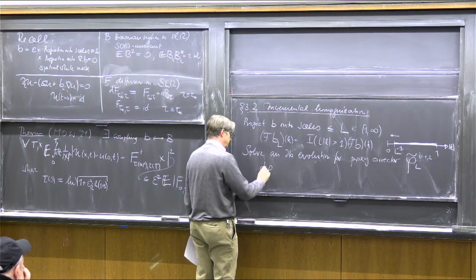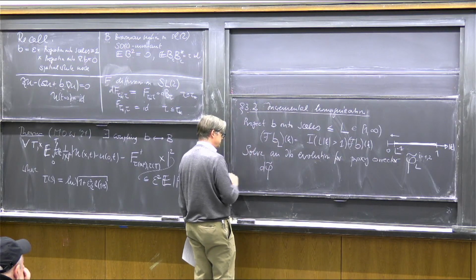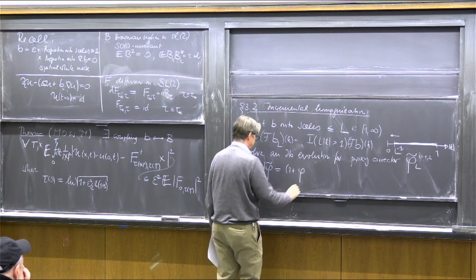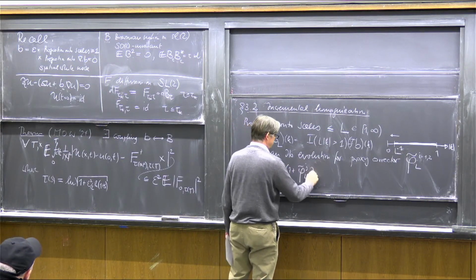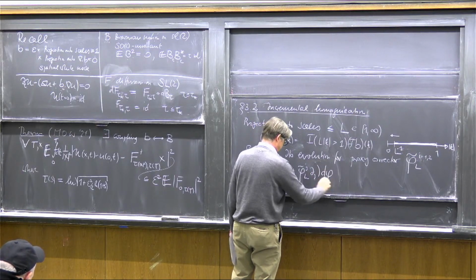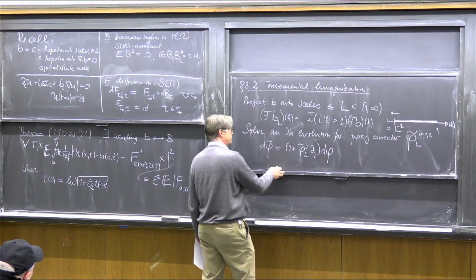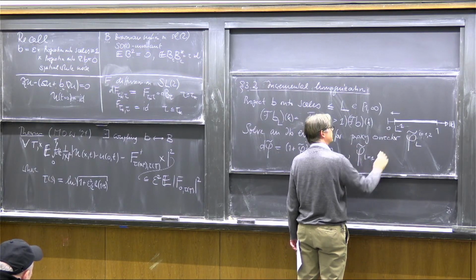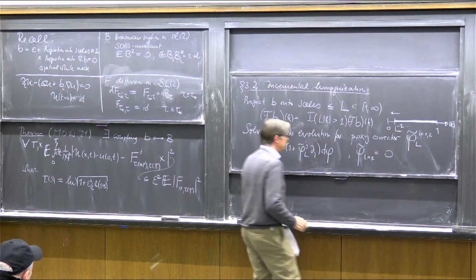And the Ito equation was that d phi tilde is equal to (1 plus phi L tilde)_j d_j d phi, with trivial initial data. So at L equal to 1, I start at 0.